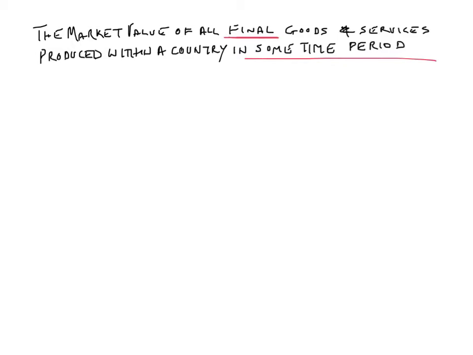What this means is if Ford was to build a car in 1965, say a Ford Mustang, that is included in the GDP of 1965, but if someone keeps it, drives it around for 20 years, and sells it again in 1985, that sale in 1985 is not included in GDP in 1985. It's only included in the GDP in the year that it was actually produced.